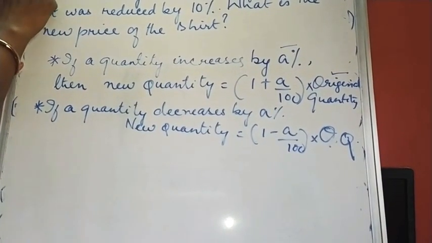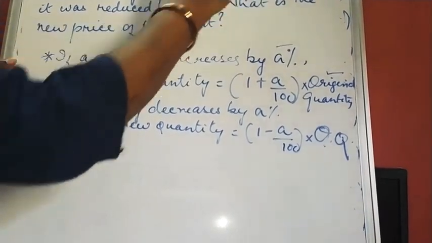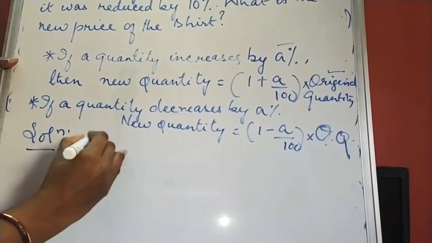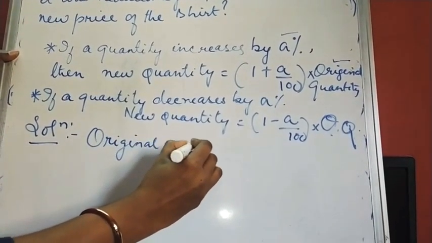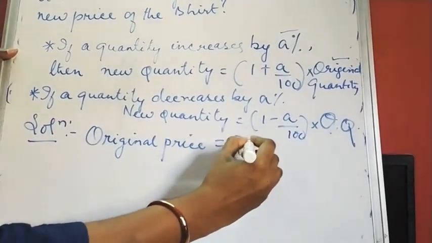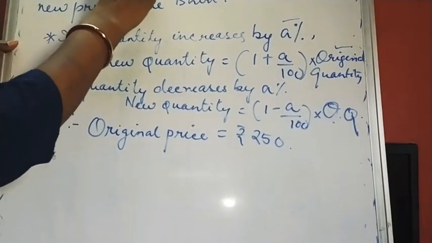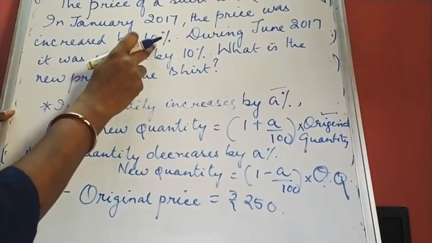The question reads, the price of a shirt was rupees 250. So coming to the solution, the original price or the original quantity is equal to rupees 250. In January 2017, the price was increased by 10%.